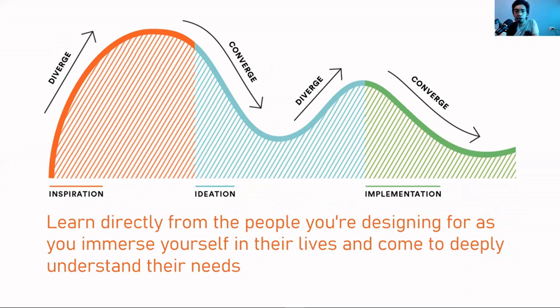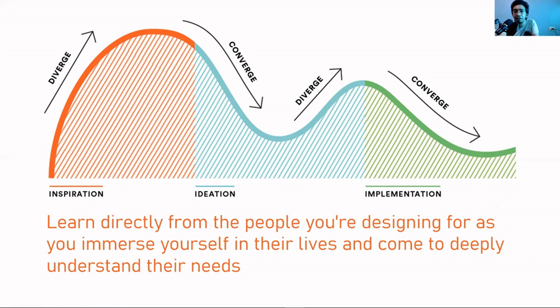So you learn directly from the people you are designing for as you immerse yourself in their lives and come to deeply understand their needs. And if you have a design challenge, these are some questions that you can think of. How do you get started? How do you conduct an interview? And how do you stay human centered?